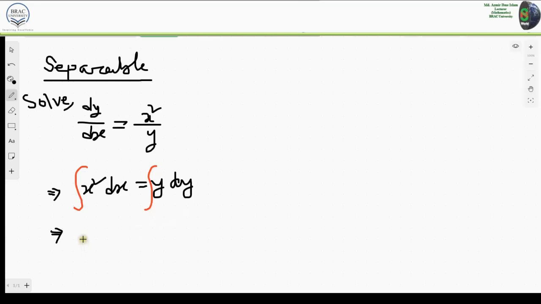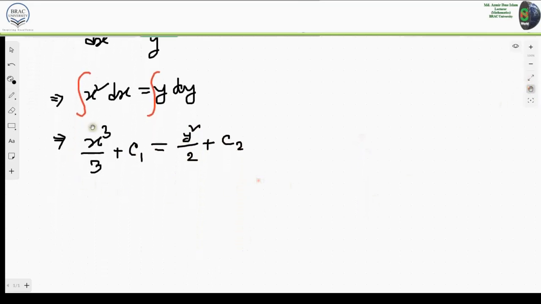Or suppose I describe it another way: integration of x squared is x cubed by 3, and it is an indefinite integral, so we put one constant c1. Again, integration of y is y squared by 2 and there will be another constant c2. Now you can write x cubed by 3 equal to y squared by 2 plus c2 minus c1.